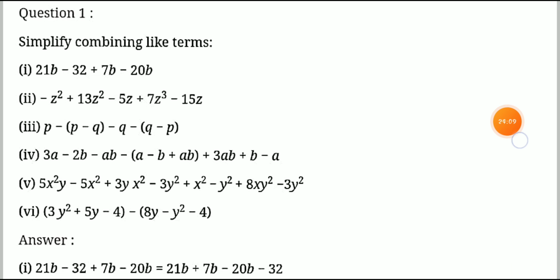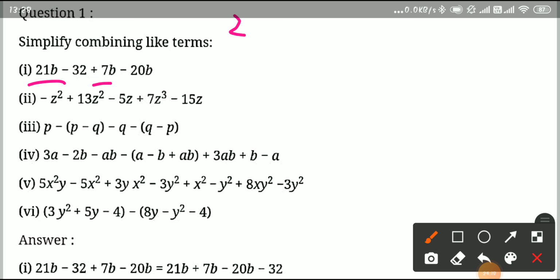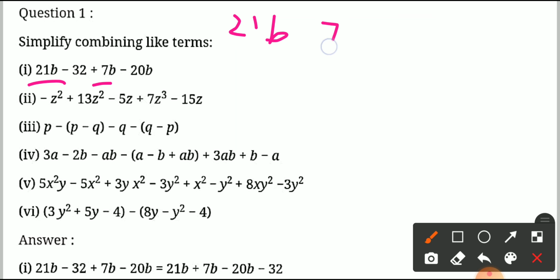Here all questions are very easy. You only have to first arrange the like terms. It means you have to write the like terms together. First is 21b, then 21b will come along with the 7b, and in front of 7b which sign is there? Plus. So write here plus.